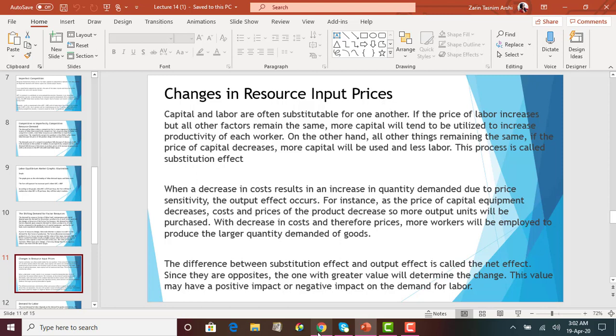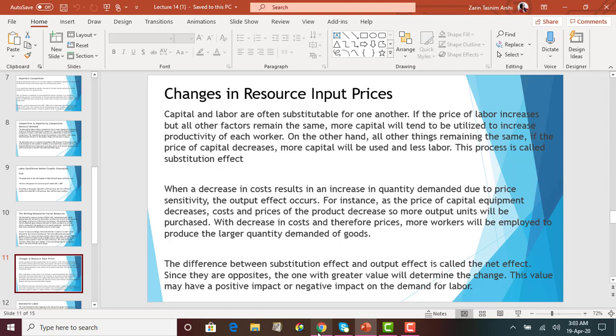So if the price of labor increases and all other factors remain the same, the farms will use more capital, right? Because they're substitutable, and if labor has become more expensive, now I will use more capital. On the other hand, all other things remaining the same, if the price of capital decreases, more capital will be used and less labor, and this is called the substitution effect.